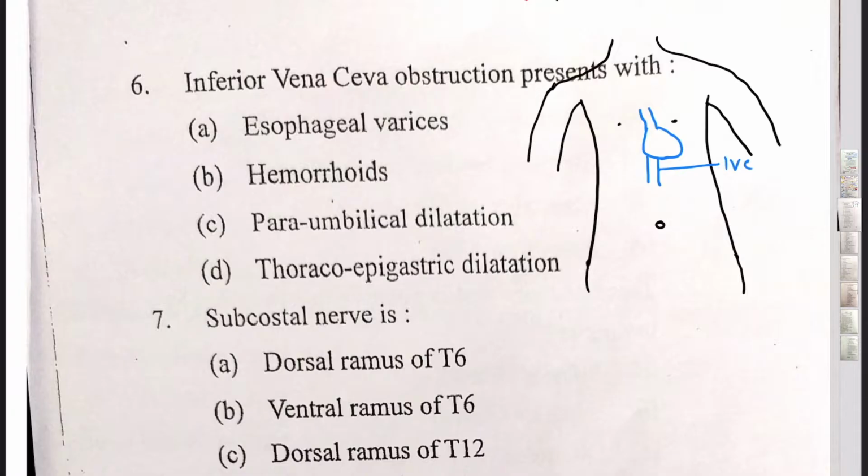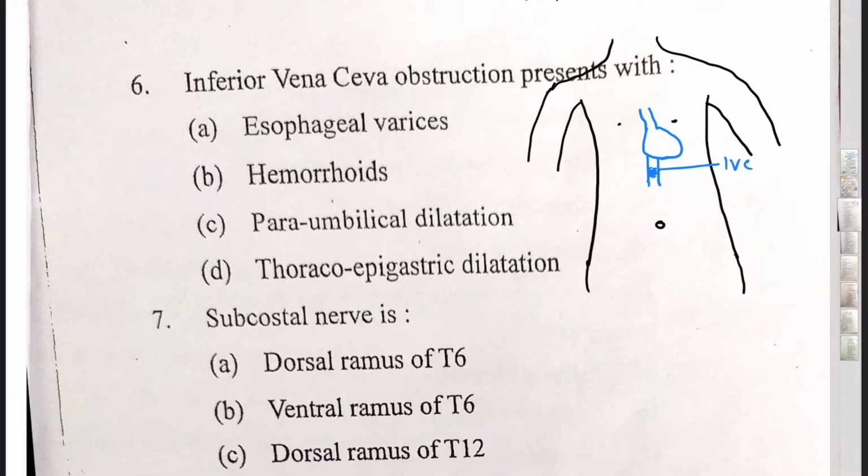Now when there is obstruction in this inferior vena cava, what will happen? Blood will not be able to enter into the right atrium from below. So what happens is it has to take a different course to reach the superior vena cava.